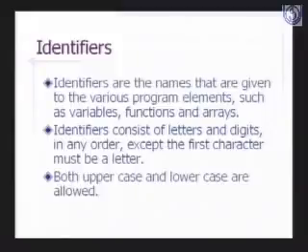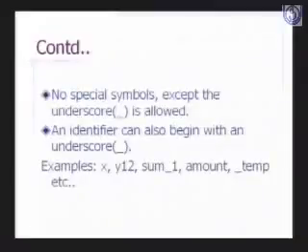Suppose you are writing sum with small letters, all of the letters in lowercase. That is different from the identifier or variable name with capital letters, SUM. So C language is case sensitive. Then no special symbols are allowed except the underscore. This is the point you have to remember.